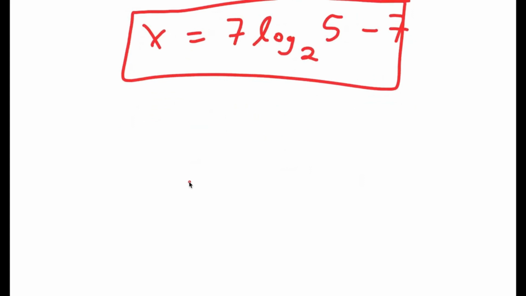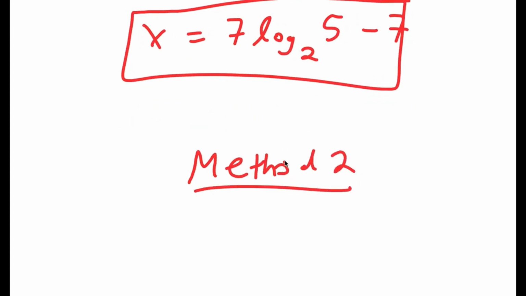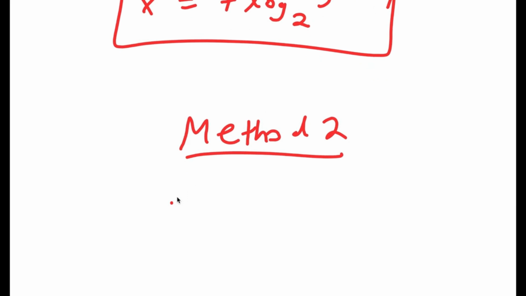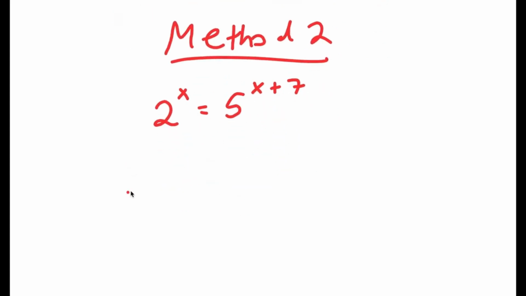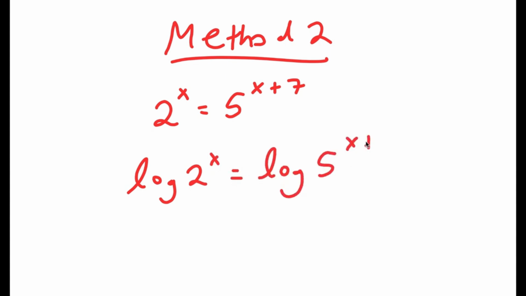Now for method 2, what I can do is, my equation was 2 to the power of x is equal to 5 to the power of x plus 7. And now I'm going to just start by taking the log on both sides. So I get log 2 to the power of x is equal to log 5 to the power of x plus 7.